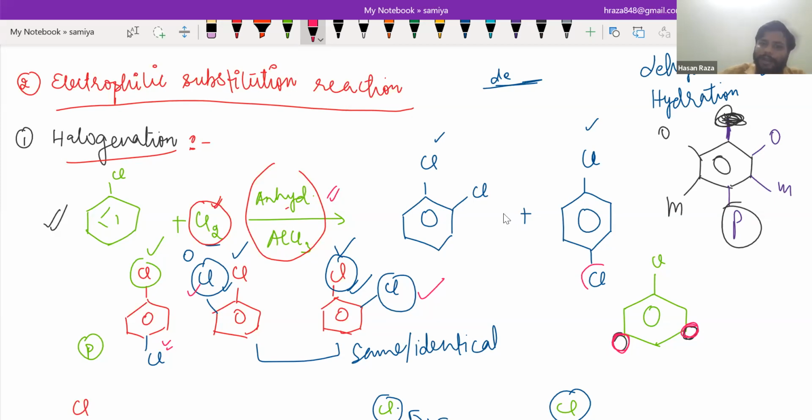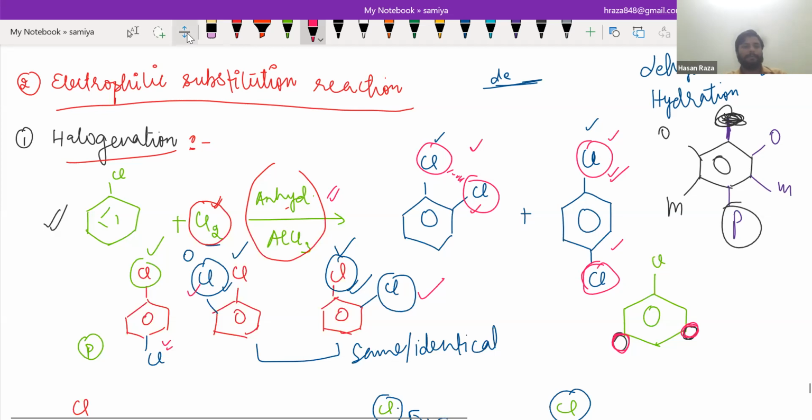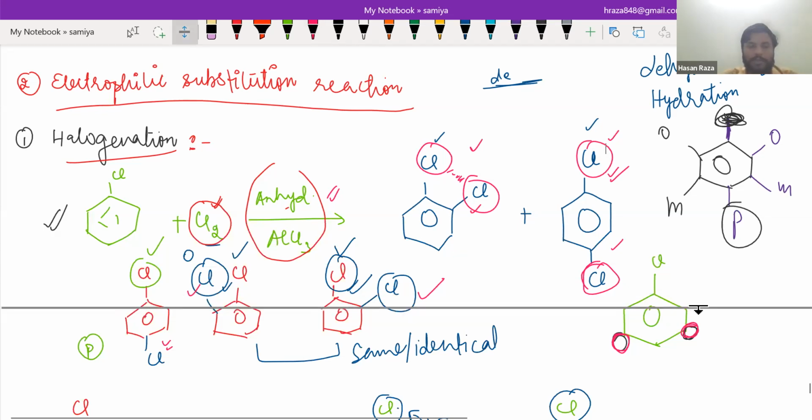That electrophile will attack at ortho and form this, and at para like this. The major product will be para, because there is no repulsion between chlorines, and the minor product will be this, because there will be repulsion between these two, so it is less stable. That's why this is minor and this is major. Please let me know when you are done with this.